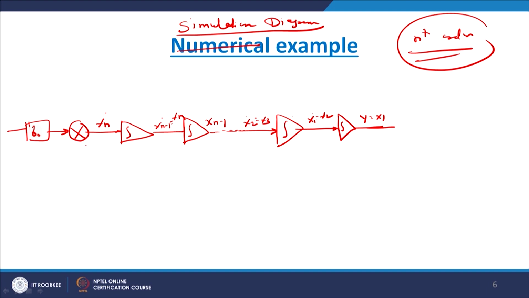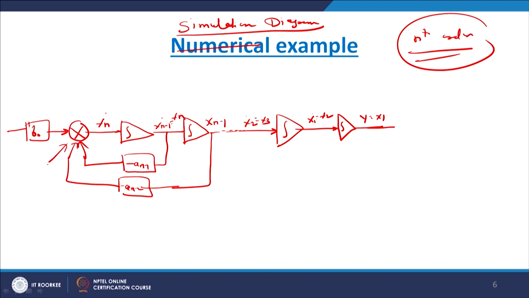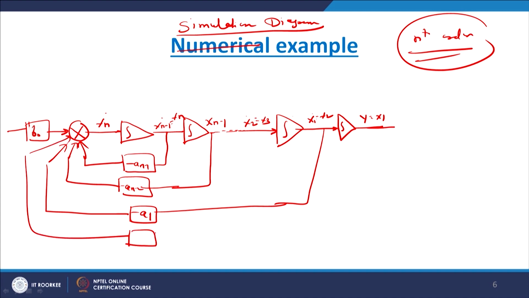And now xn dot equals minus a of n minus 1 into xn, then another one minus a of n minus 2 into x of n minus 1, third we write minus a1 into x2, and here minus a0 into y.